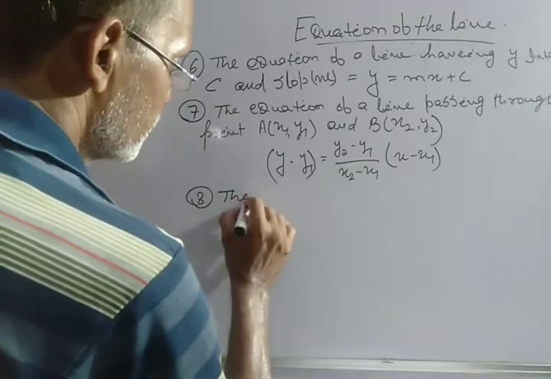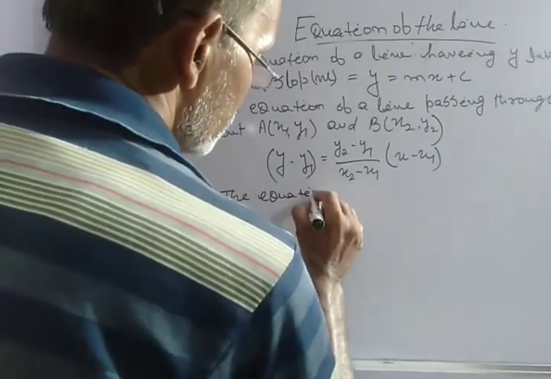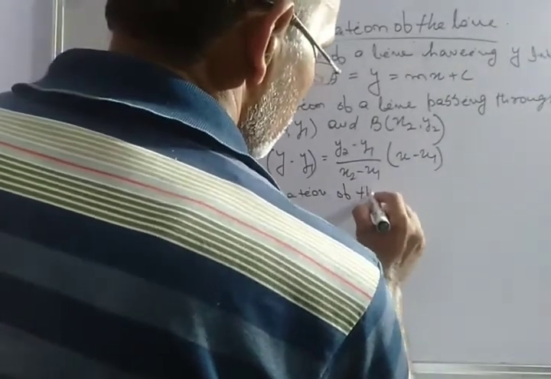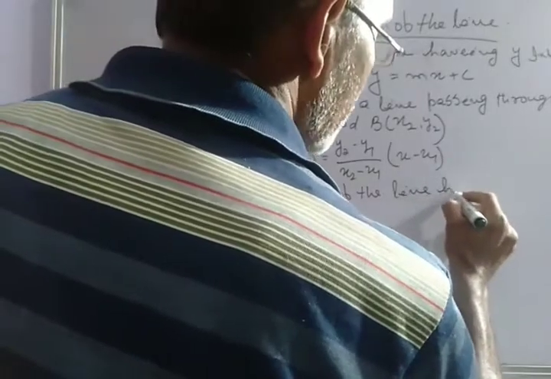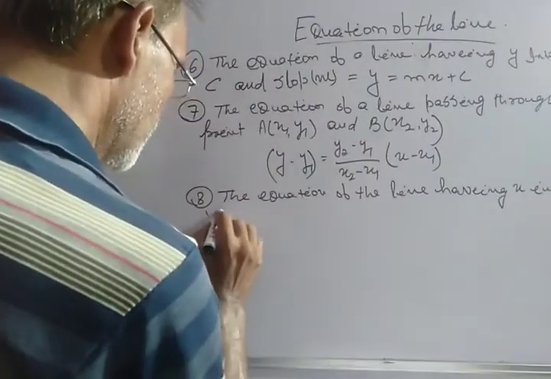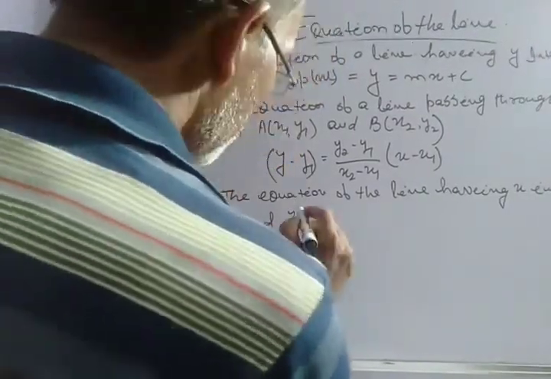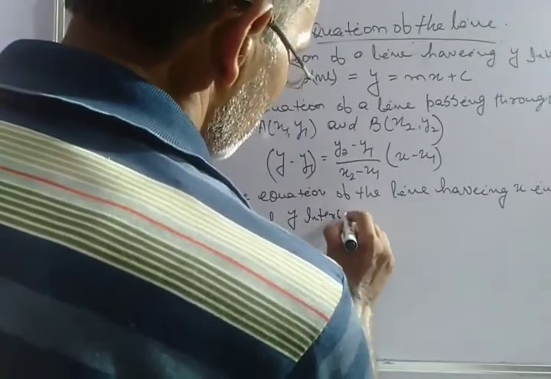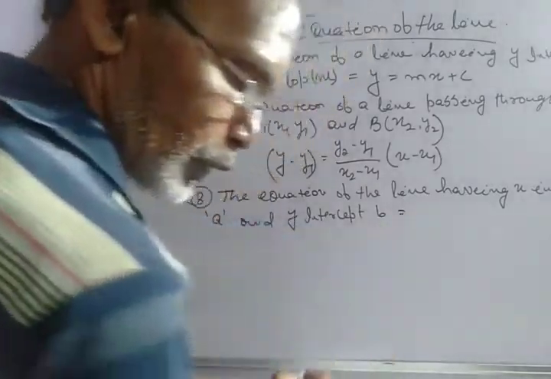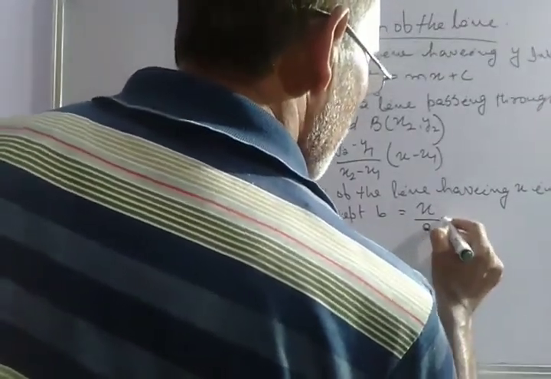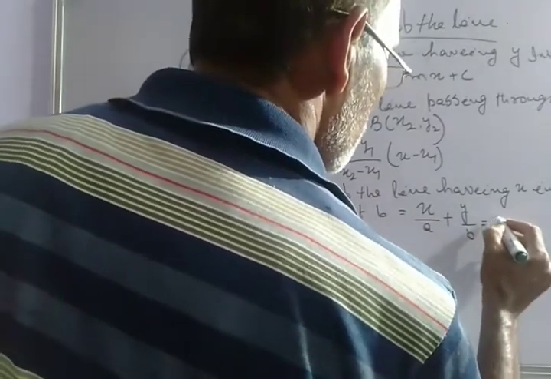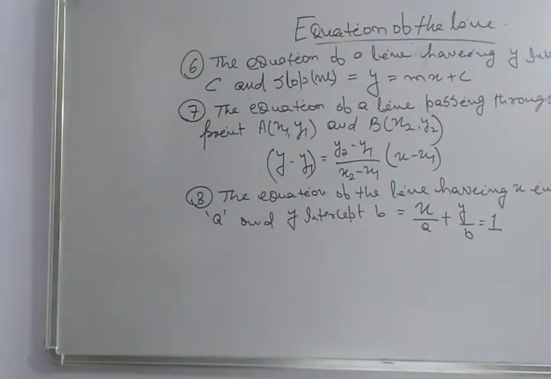The equation of the line having x-intercept a and y-intercept b is x by a plus y by b is equal to 1.